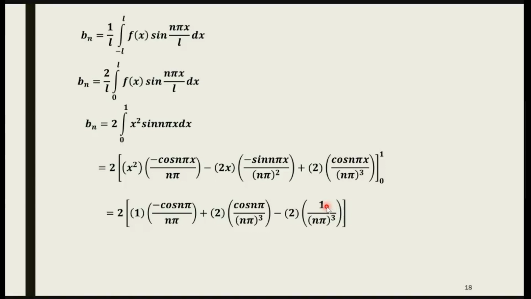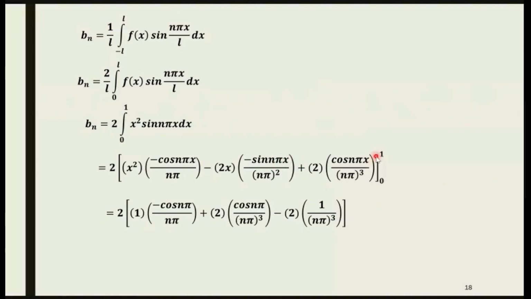And when x is 0 यहाँ पे 1 हो जाएगा, it will not get cancel. Cos of 2 pi is 1, but cos of n pi we cannot say, it depends upon the value of n. If n is even then 1 आएगा, n is odd है तो minus 1 आएगा. Sine term will become 0. So this is when x is 1, ये 1 हो जाएगा, minus cos n pi upon n pi.